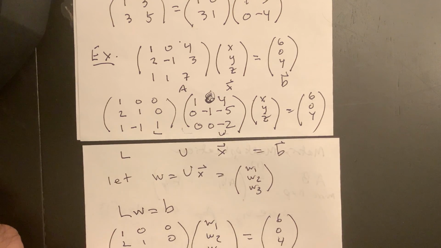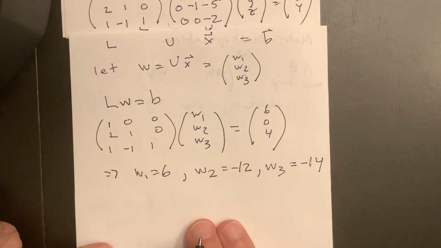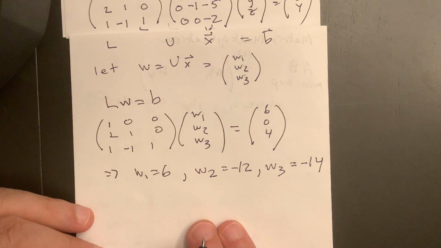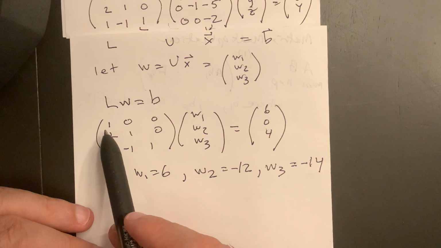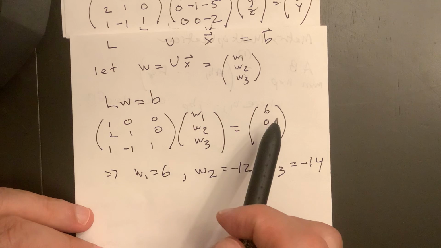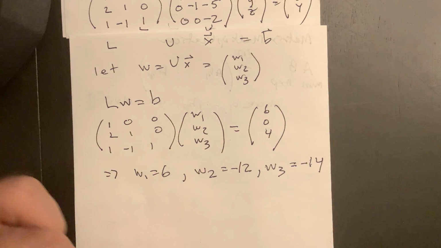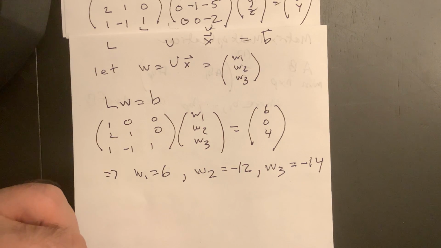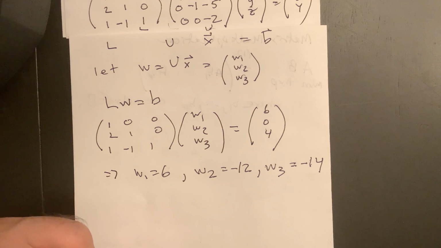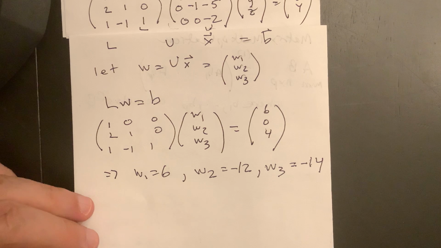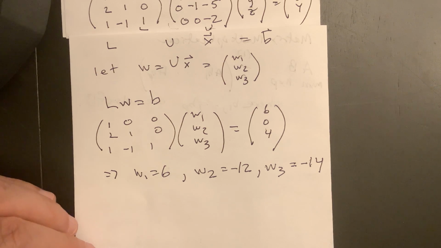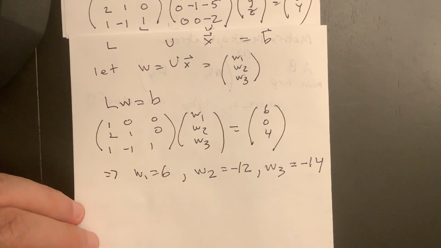So this must be minus 14. Okay, so this was quick, right? Sorry that wasn't in the screen, so I just want to go through this again. I'm just looking at these one equation at a time now. And maybe you don't like doing it in your head, that's okay. But you've got to admit, it's much faster. You can feel it already than to do the Gaussian elimination. It's just substitution. All right, so I found my W's. So now I've got to go find my X's, my original variables, right?